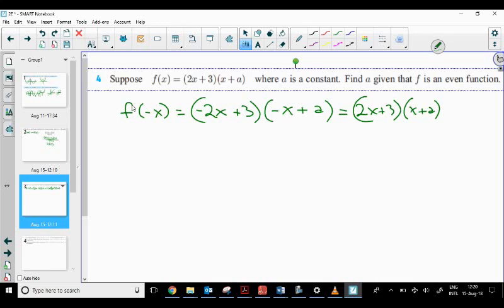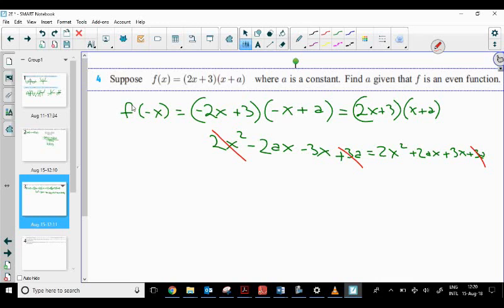On the left, we're going to have 2x squared minus 2ax minus 3x plus 3a, and that needs to be equal to, on the right, 2x squared plus 2ax plus 3x plus 3a. And some things are going to cancel.